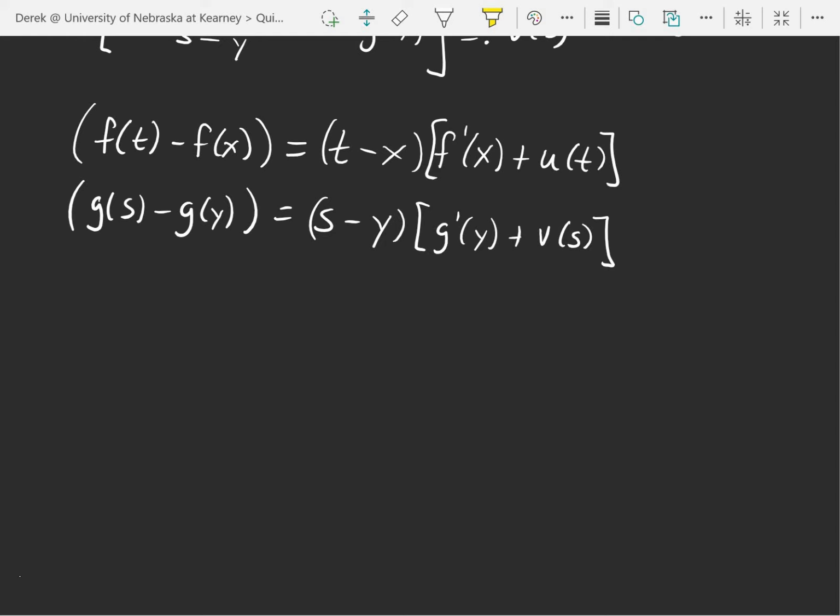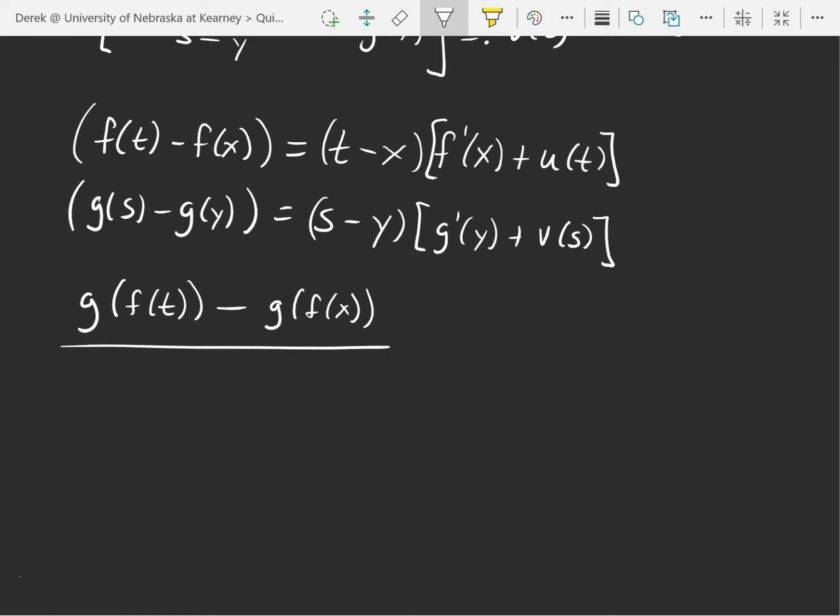So the composition, g of f of t minus g of f of x divided by t minus x. This is what we need to take the derivative of.